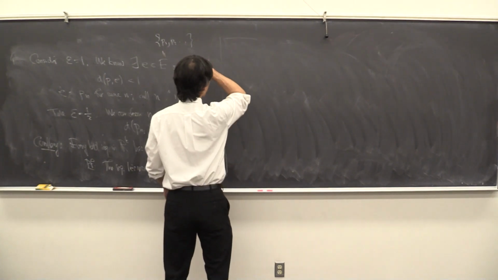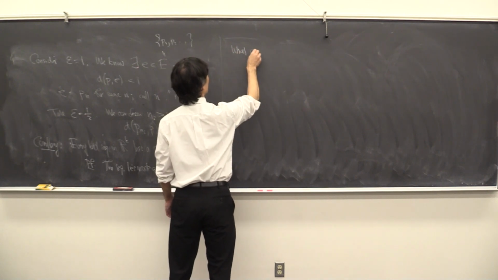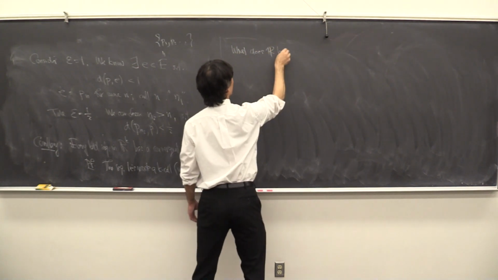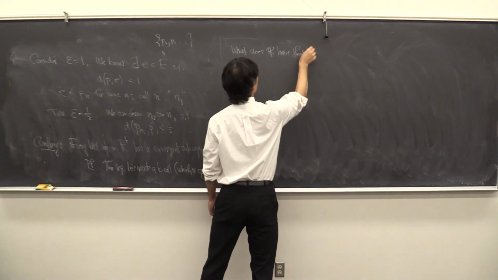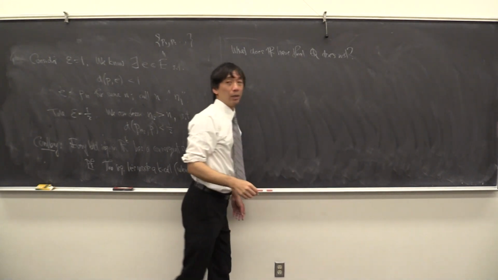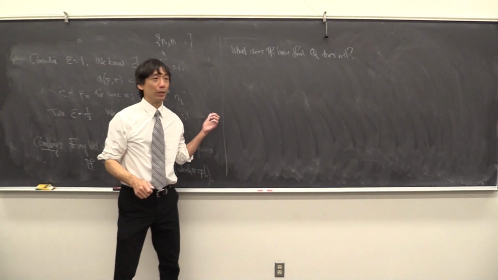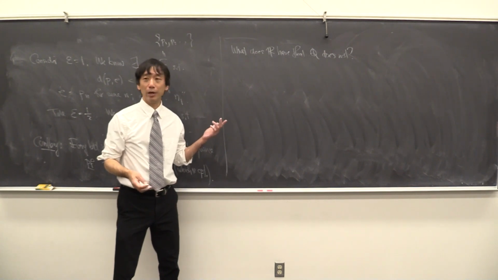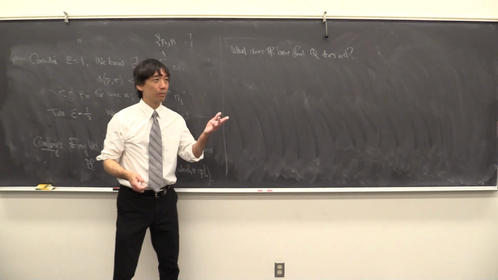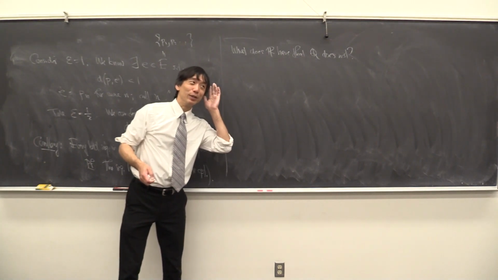We get back to the big original question, which was, what does R have that Q does not have? What was our original answer? We gave an answer to this earlier. What made R so special? I think it's a field.